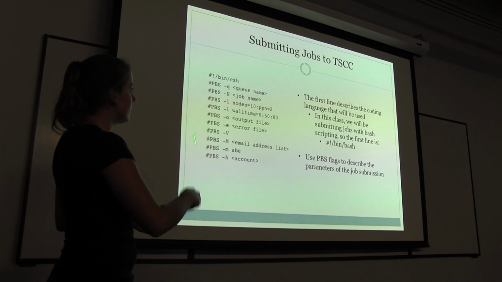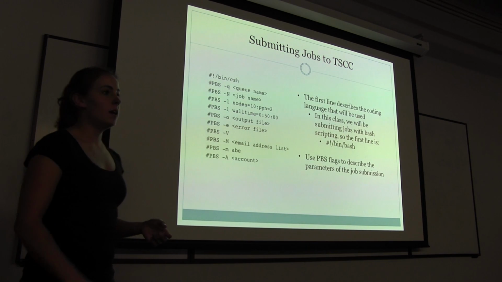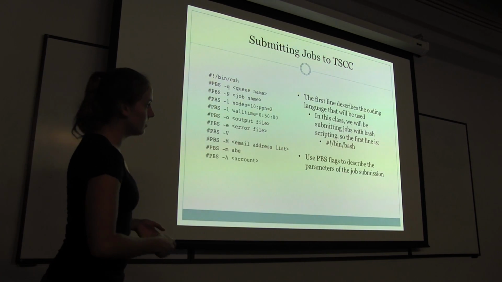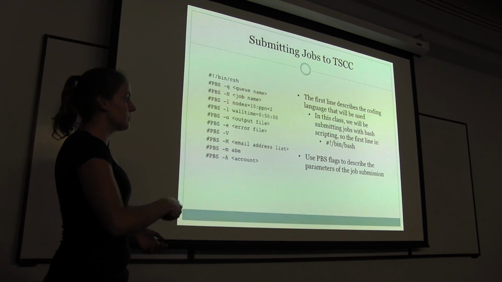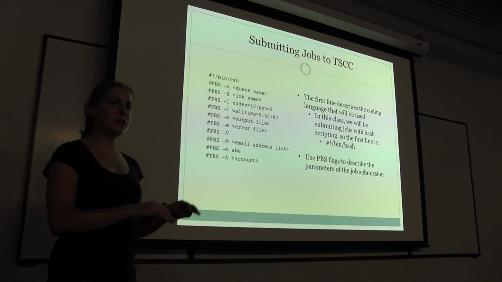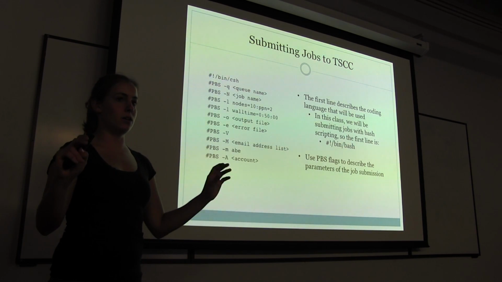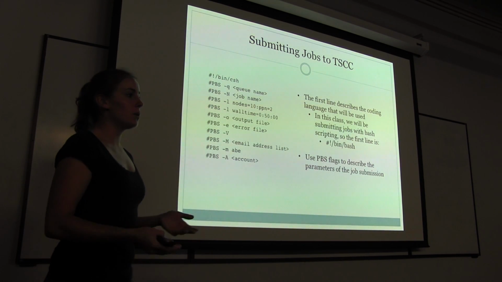So this is an example of what a submission script is going to look like into TSCC. It's called, actually I don't remember what it's called, but we use these PBS flags to describe the parameters of our job submission. So instead of now writing our commands on the command line in the head login node like what we've been doing so far, we're going to write scripts.